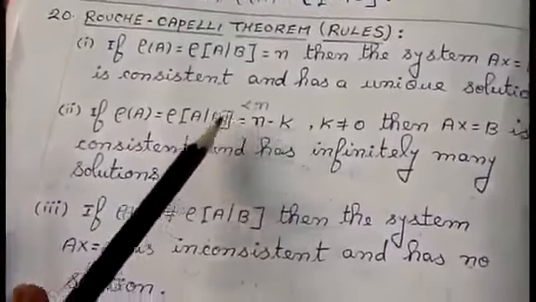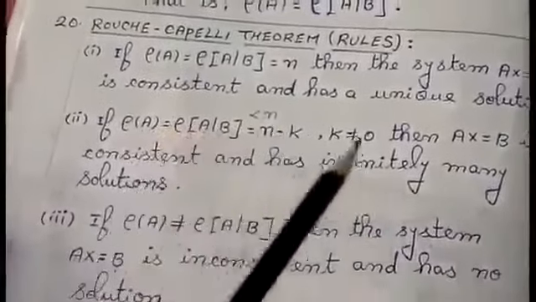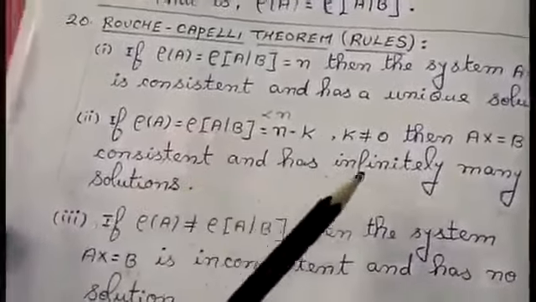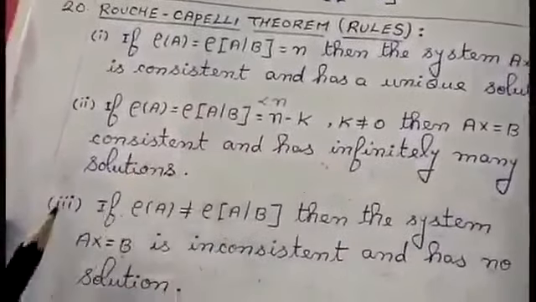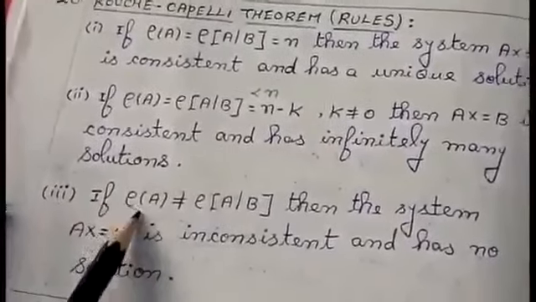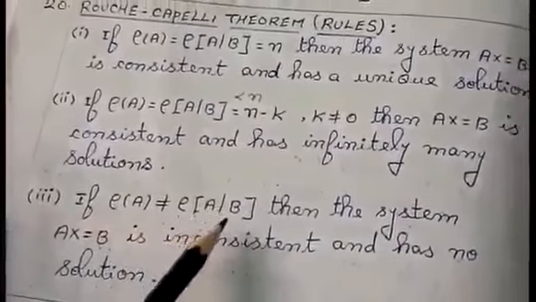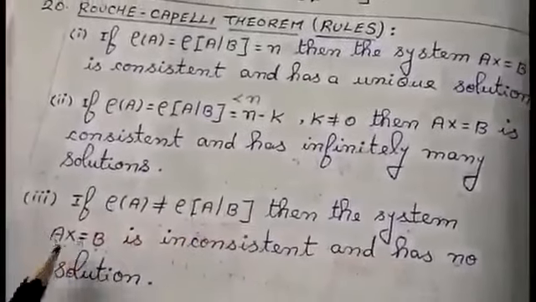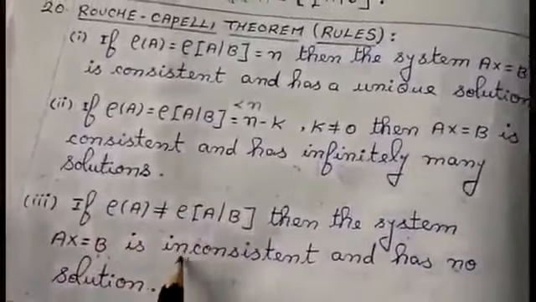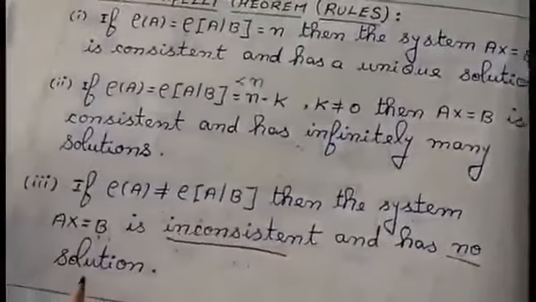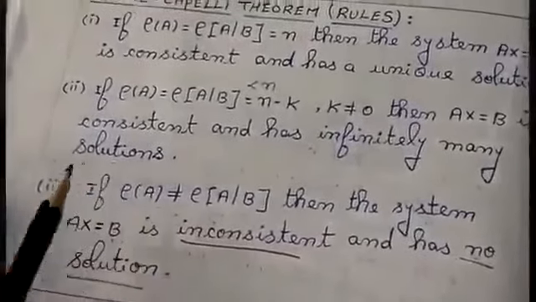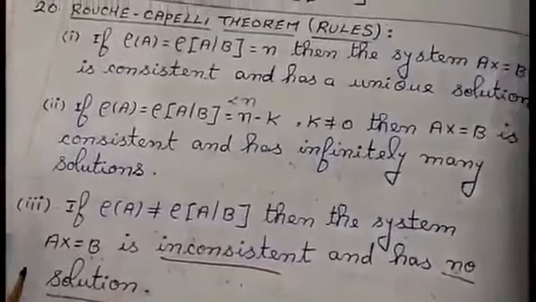When I do the sum, I will explain this second part. We can say that it is consistent and has infinitely many solutions. The third one: if rank of A is not equal to rank of AB, then the system Ax equal to B is inconsistent and has no solution. Based on these three concepts, we are going to do the exercise.